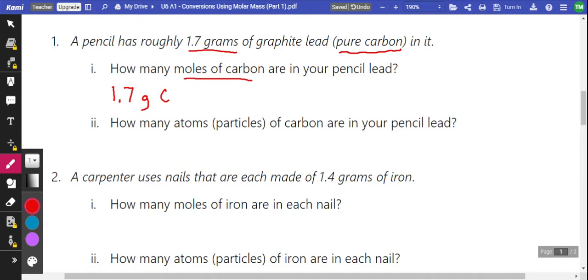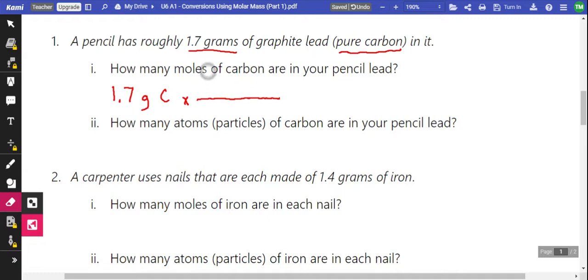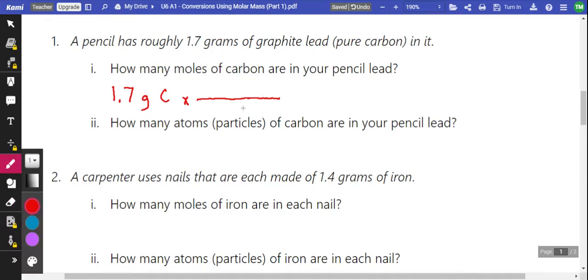I know in order to get my answer, I have to get rid of this grams unit. I can't stay there forever. So I'm going to have to divide off this grams unit and multiply by whatever unit I want, which is, in this case, moles. Instead of showing those two separately, we usually show this as a fraction bar. Our old unit that we're trying to get rid of is on the bottom, and it will get divided so it cancels, like grams of carbon down here.